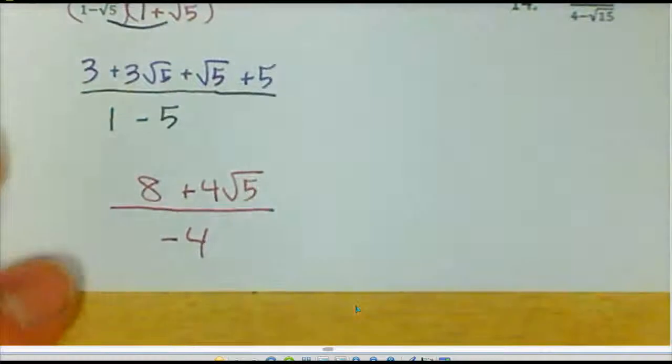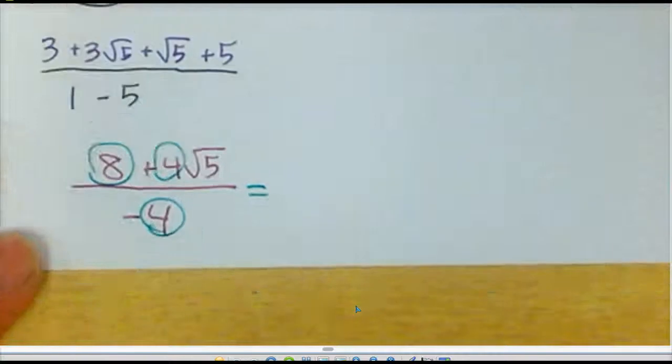And so that means I can reduce, because each of these whole numbers here is divisible by 4. I can reduce this down to negative 2 plus radical 5, but you have to have parentheses around that 2 plus radical 5.